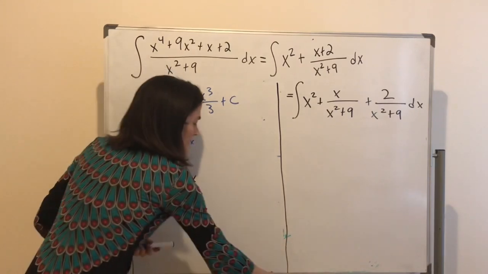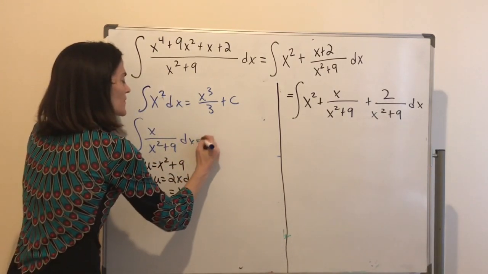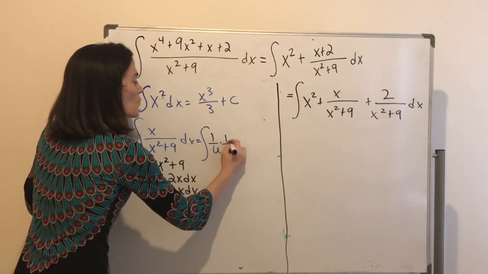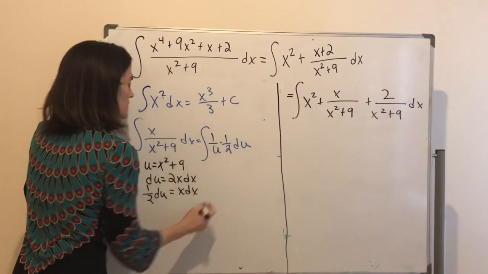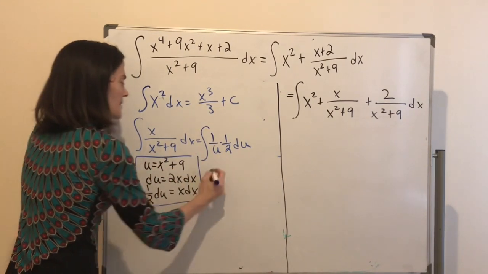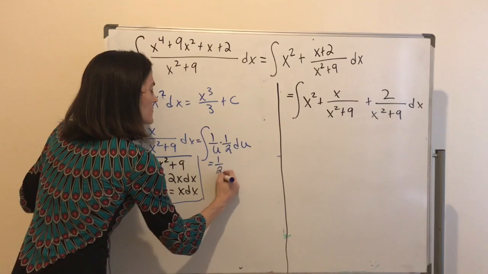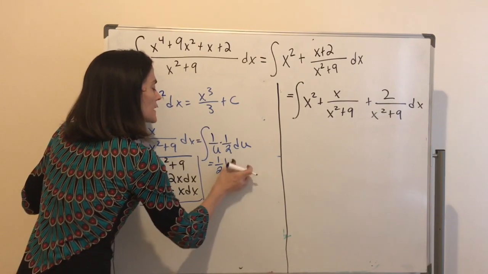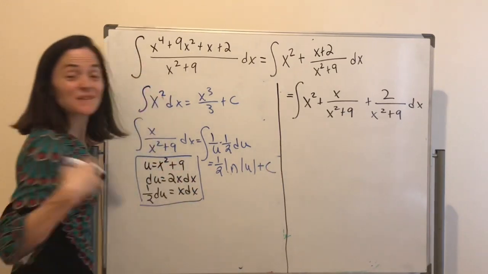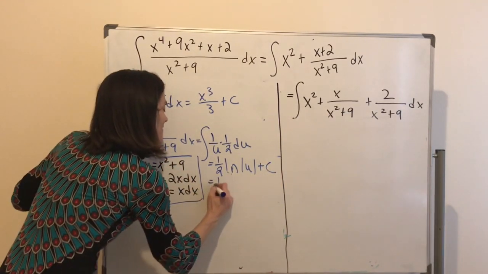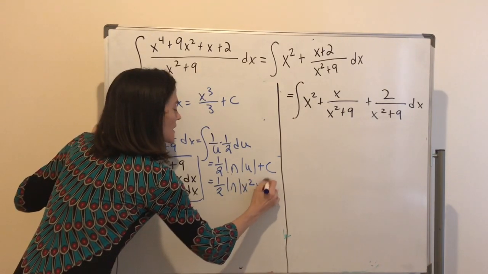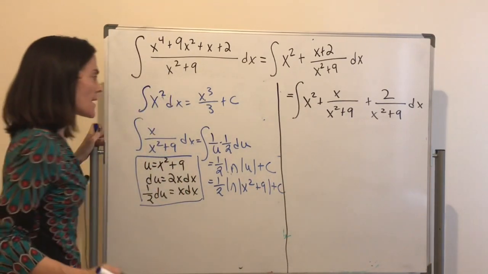So this becomes the integral of 1 over u times 1/2 du, which is 1/2 ln absolute value of u, and then we go back to x. This is 1/2 ln absolute value x squared plus 9 plus c, okay?